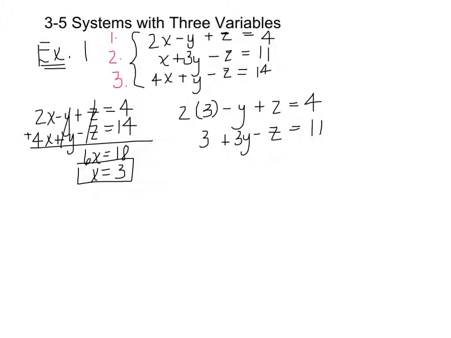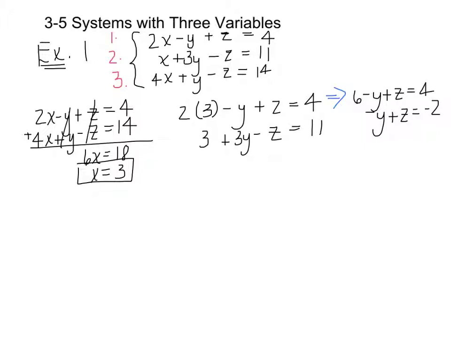So that will leave me with 6 minus y plus z equals 4. I'm going to subtract the 6. Negative y plus z equals negative 2.